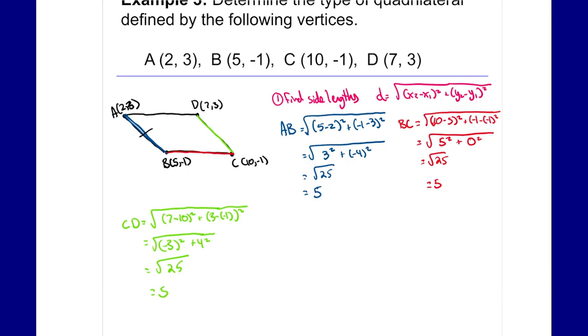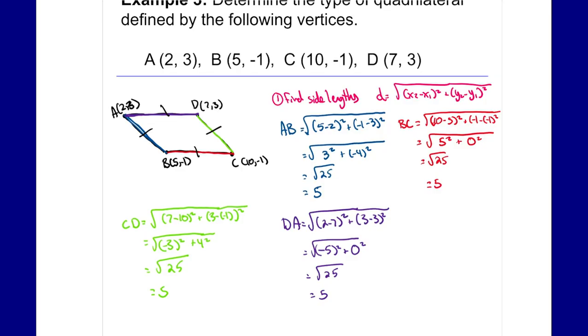So far, all three of these sides are the same. There's a good chance of what the next one is going to be, but let's go through and verify so we can prove that anyways. So the last one, DA, we have 2 minus 7 squared plus 3 minus 3 squared. We get negative 5 squared plus 0 squared, or 25, which is 5. So we've just proven that all sides are the same.